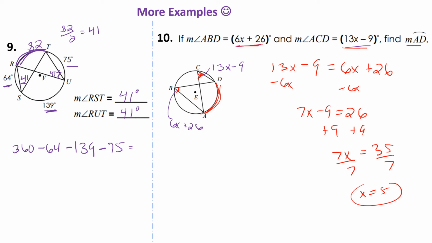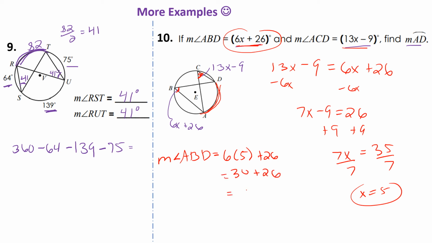So I could plug it in. Angle ABD right here, I'm going to plug it in, because if I find the measure of this angle, I could just double it. So that is 6 times 5 plus 26, so that's 30 plus 26.